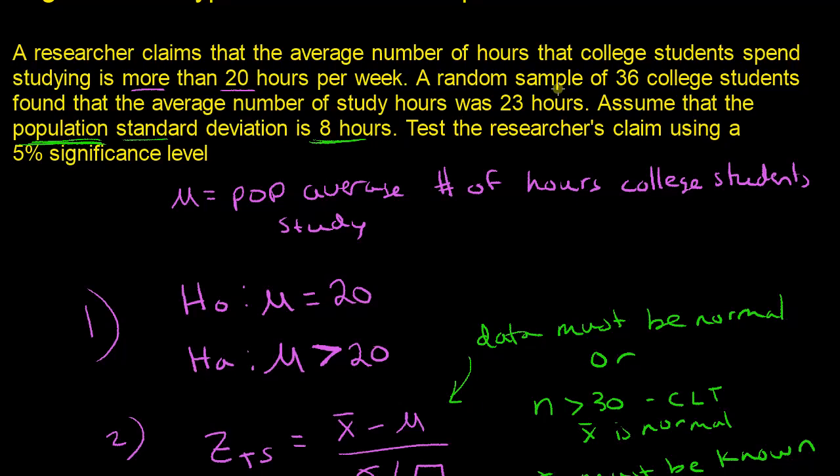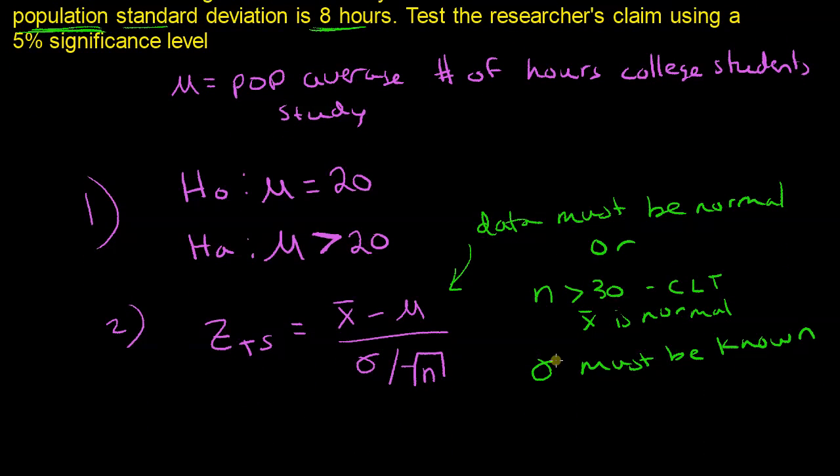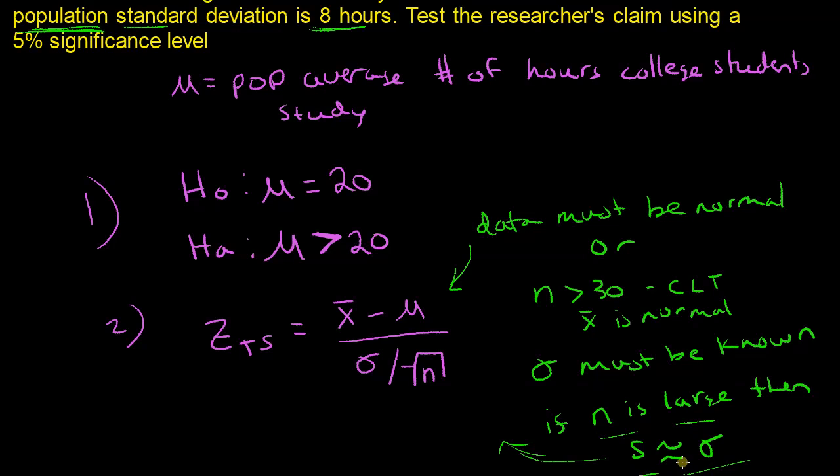Now, if n is very large, sometimes you can use the sample standard deviation to approximate the population standard deviation, and then you can go ahead and use this equation. So even if sigma is not given, if n is large, you can make this approximation.